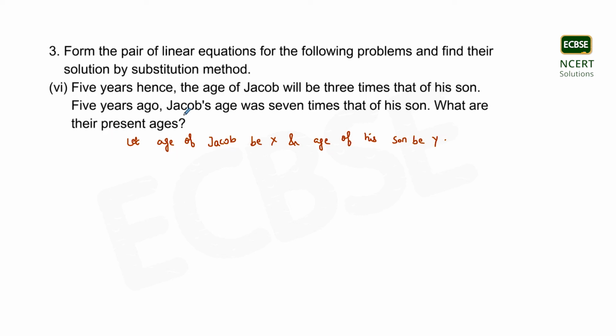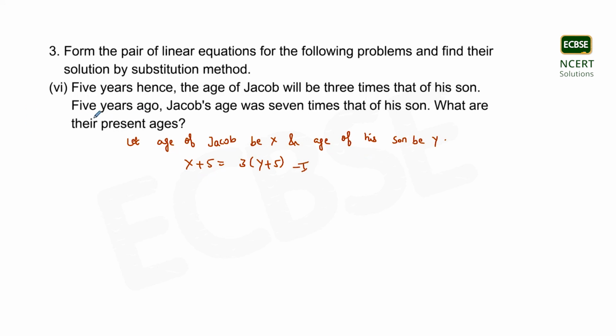Now, according to the information given in the problem, x plus 5 is equal to 3 into y plus 5. As it's been given that 5 years hence, means 5 years from the present age, the age of Jacob will be 3 times that of his son. So in mathematical form, it will be x plus 5 is equal to 3 into y plus 5. Right, let this be the first equation.